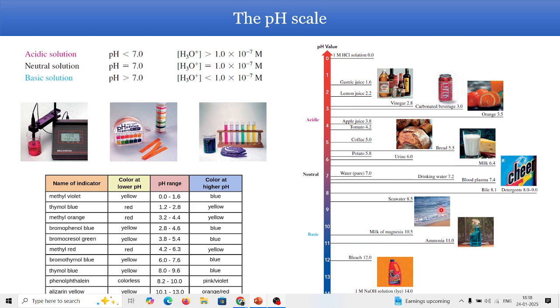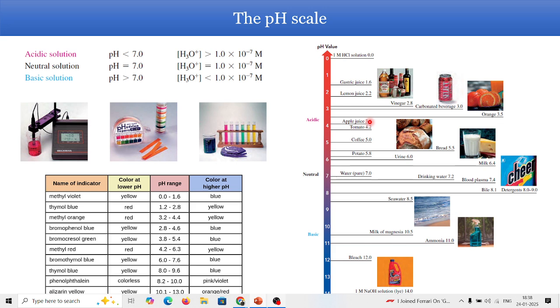Now from the pH, you can also get an idea about the hydronium ion or the hydroxide ion concentrations. These are the different regular things that we either consume or use in our daily lives. No one consumes an HCl solution, definitely. We use it for different cleaning purposes.